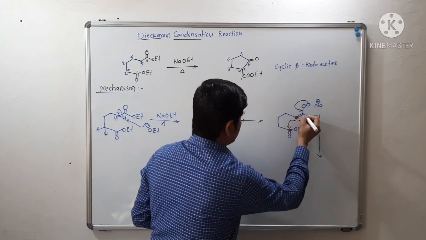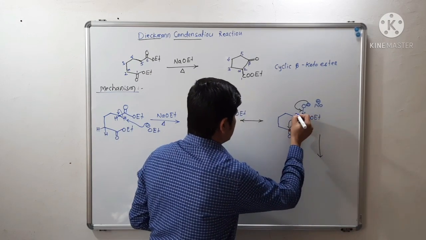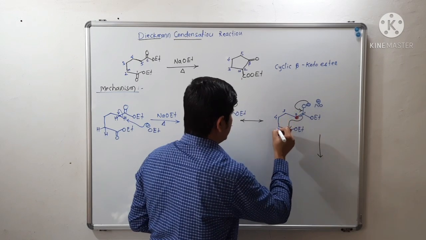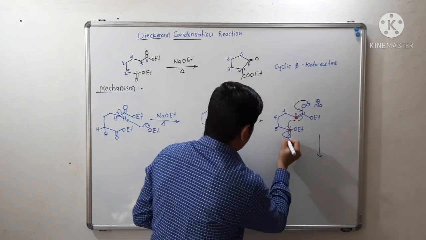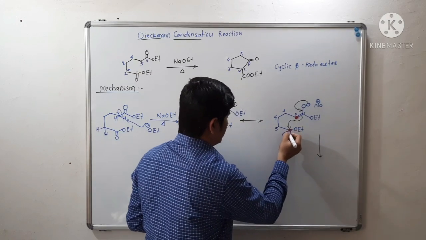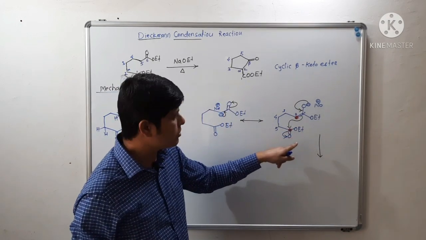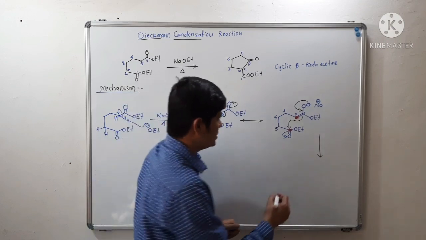See, this is carbon number 1, carbon number 2, carbon number 3, carbon number 4, carbon number 5. So when it attacks this carbonyl carbon, there will be shifting of this pi bonding electron density onto this electronegative oxygen atom.